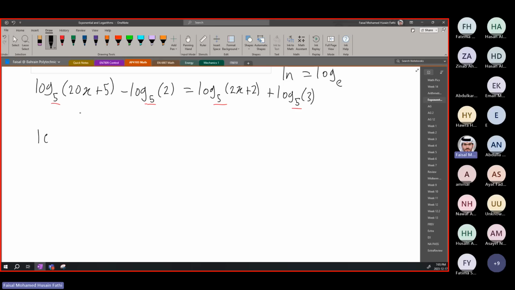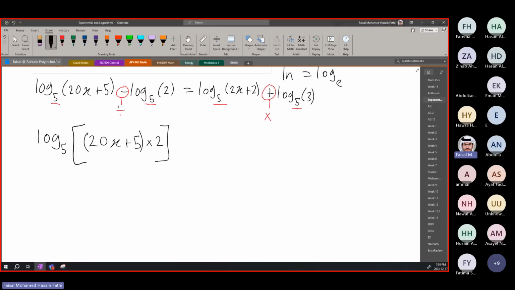So log, we have minus here. This is division. We have plus here. This is multiplication. Log base 5 of 20x plus 5, all right, divided by 2. Okay, everyone understood what I did here, right? Log of 20x plus 5, we divide it by 2.